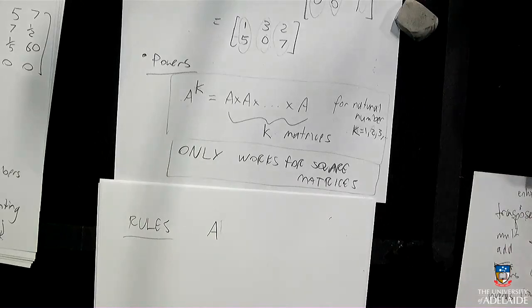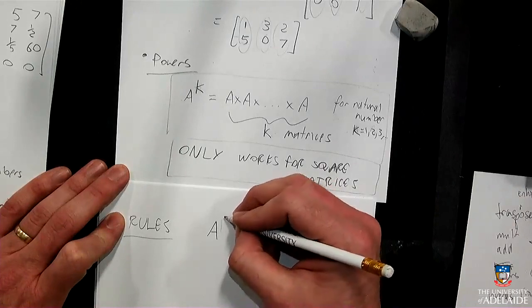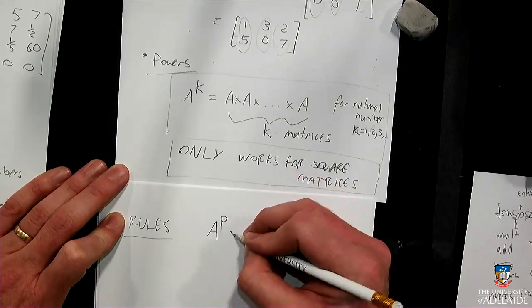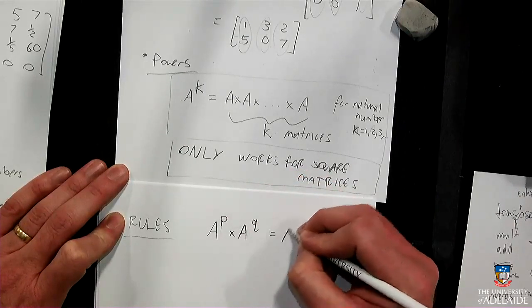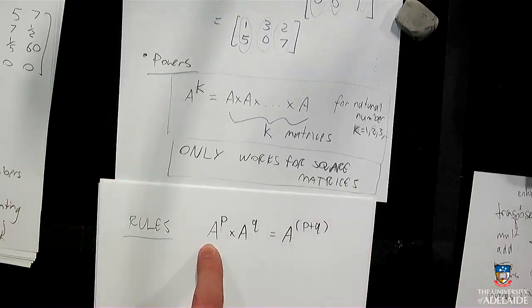Okay. So the rules are that A to the p times A to the q is the same as A to the p plus q. And that's just because there's p matrices multiplied here and q matrices multiplied here, so total number of matrices multiplied is p plus q. Totally works.